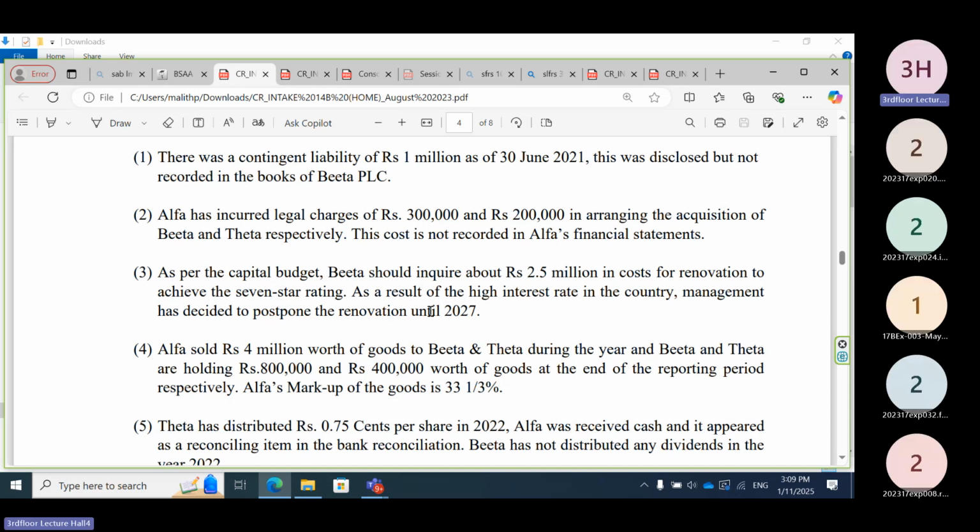Right? So then it's creating a contingent consideration. Contingent consideration to achieve the 7-star rating. To achieve the 7-star rating, there's a 2.5 million budget.